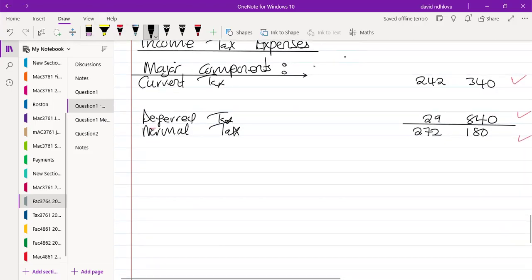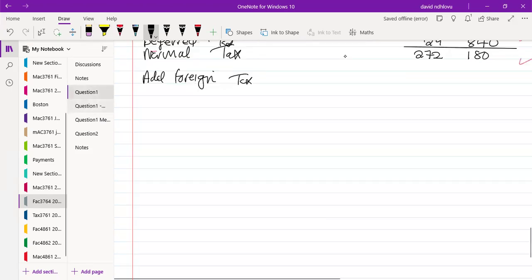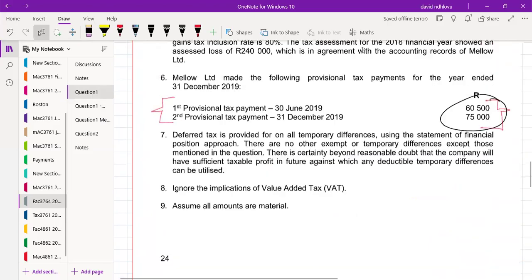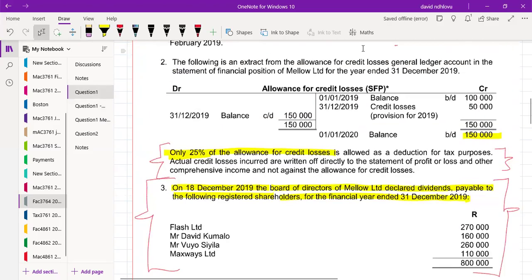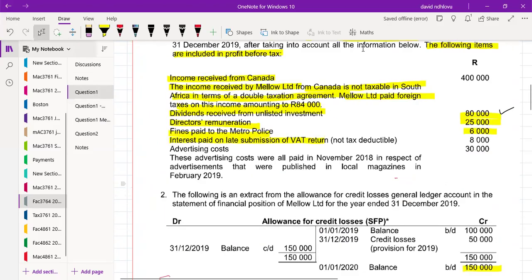Right, then you add in your foreign tax. Remember, this company is not only paying South African tax, they are paying foreign tax. And the amount you were not calculating here, it was given. Right, so this is what they said.